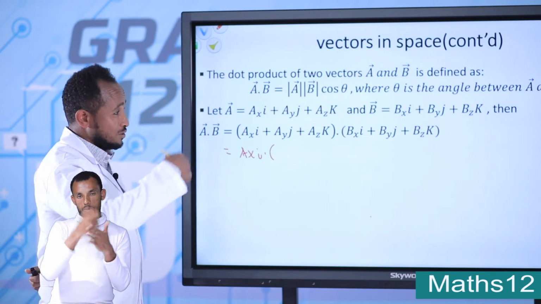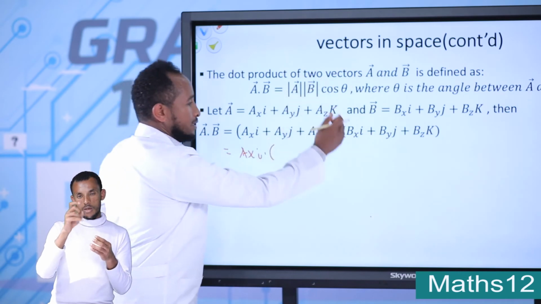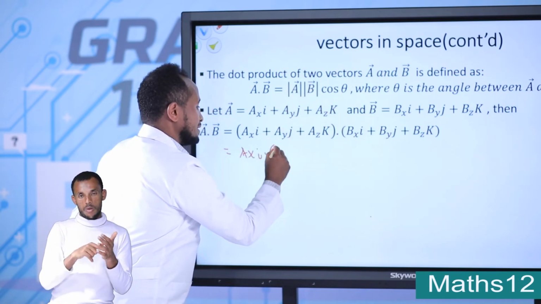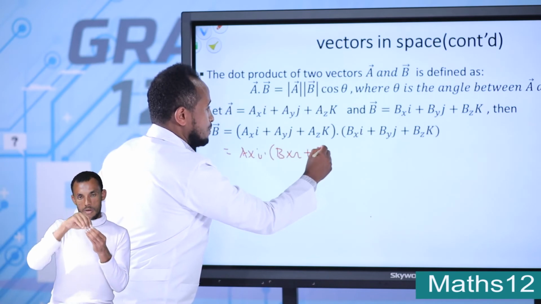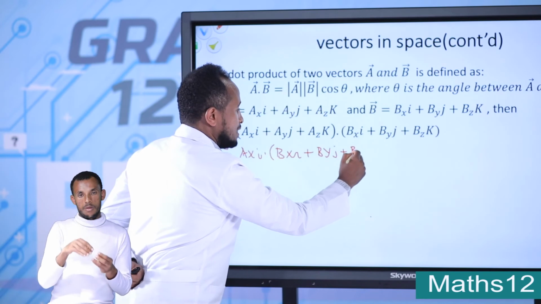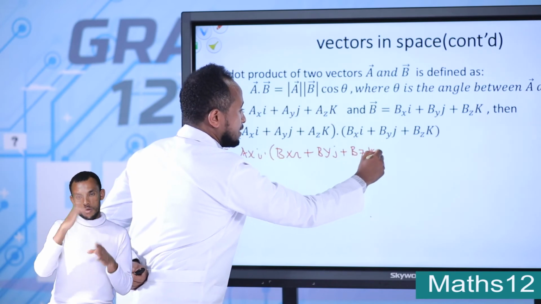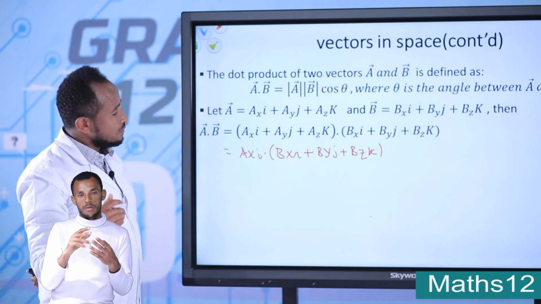Dot product can be distributed over addition. So Ax in the I dotted with Bx in the I plus By in the J plus Bz in the K. One thing to remember here.